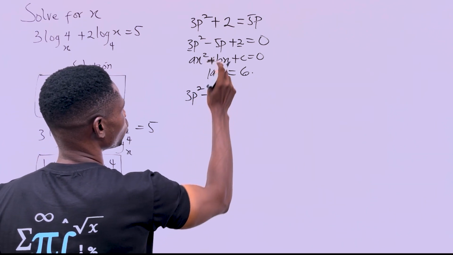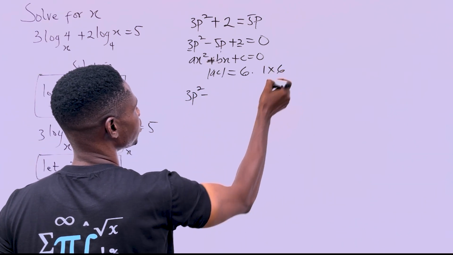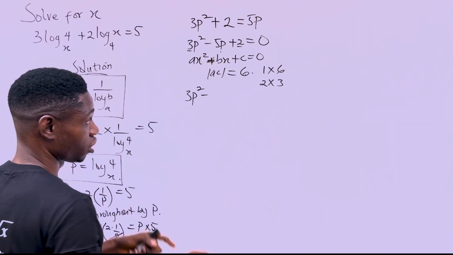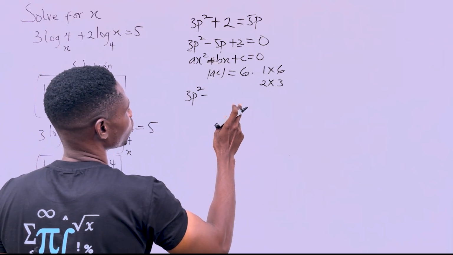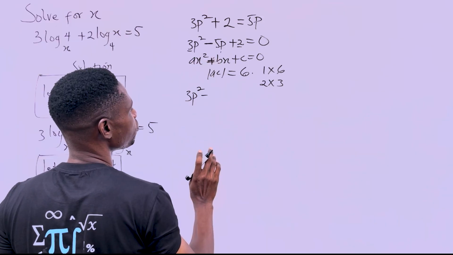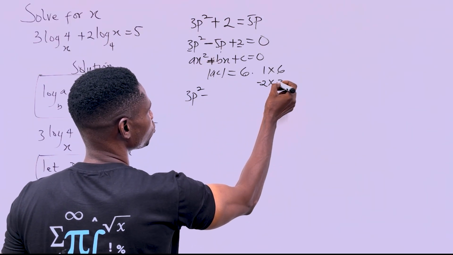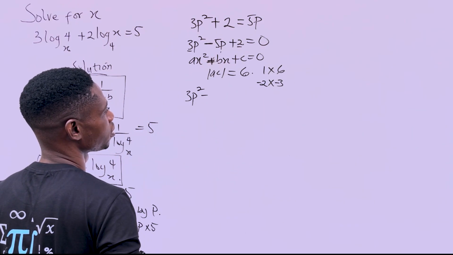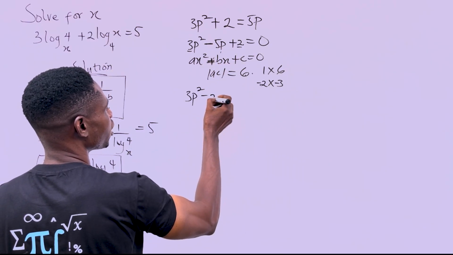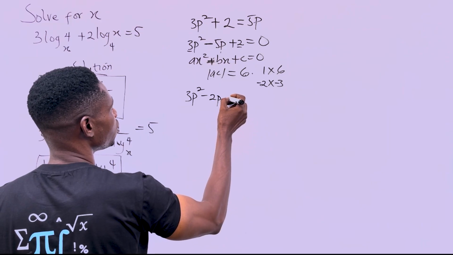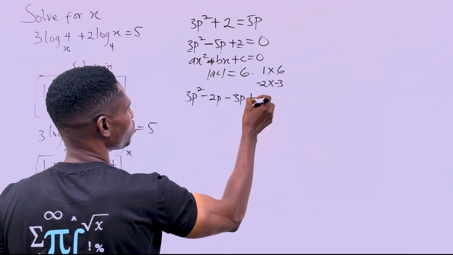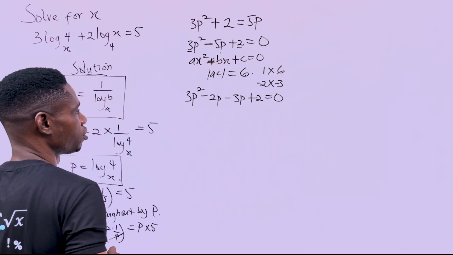We have 1 multiplied by 6 to give us 6, 2 multiplied by 3 to give us 6. What will give us negative 5 is negative 2 and negative 3. So bringing them in here, negative 5p will give us negative 2p minus 3p, plus 2 equal to 0.